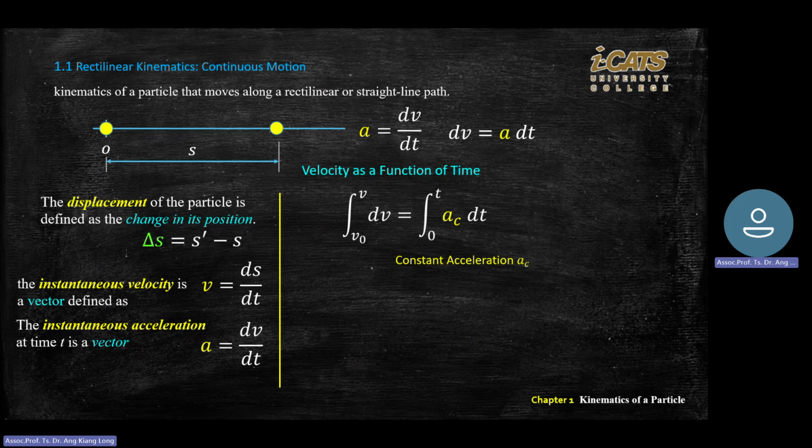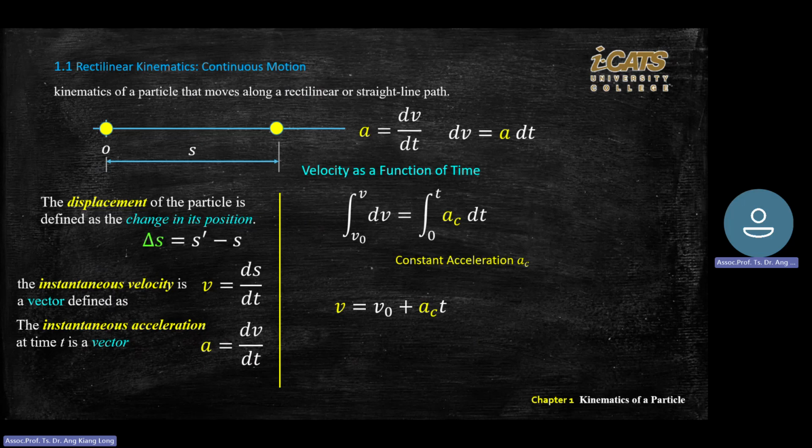So this one is with constant acceleration, a_c. Constant means you have one fixed value. So if you integrate this one, I skipped the derivation steps already, what do you get? V minus V0, right?